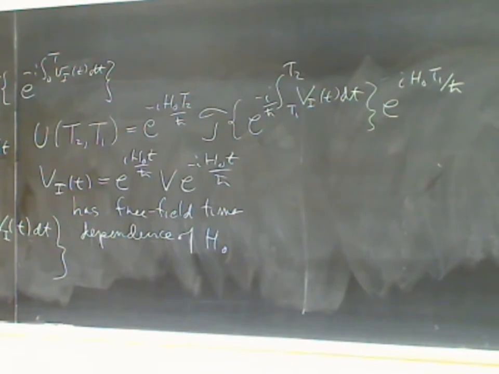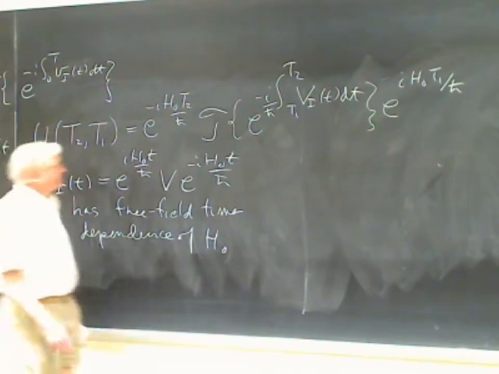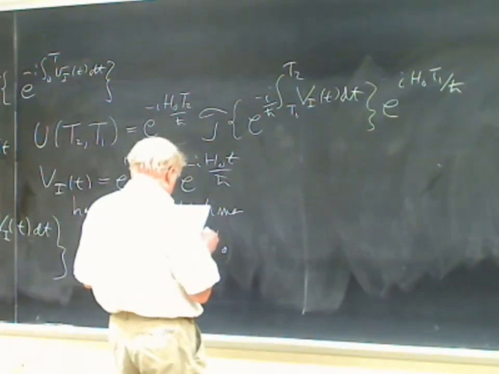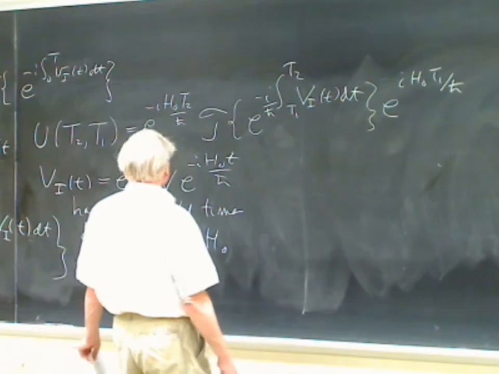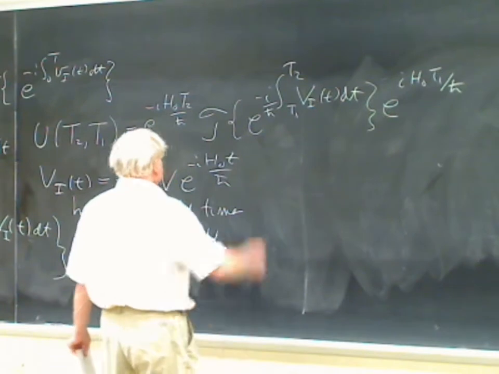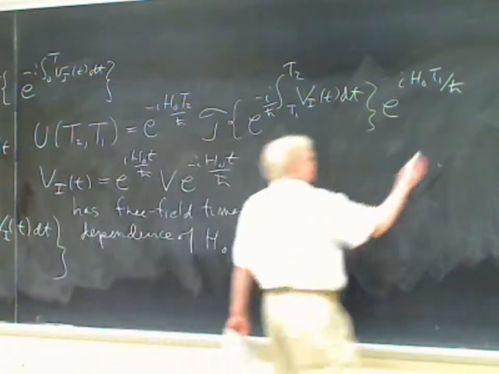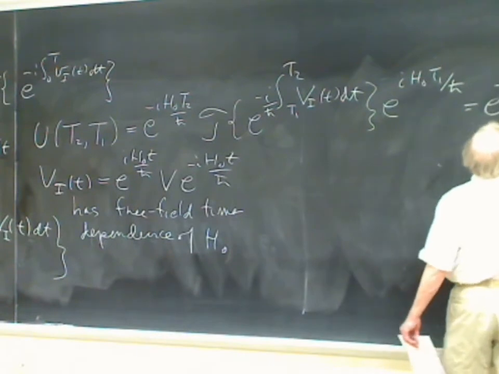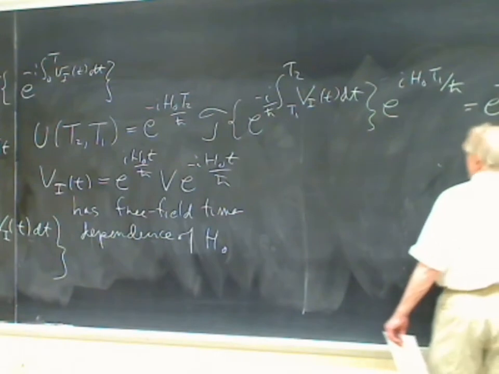Now, the application that one makes of this is essentially to the case where this is the full time evolution operator, e to the minus i (t2 minus t1) times the full Hamiltonian over h bar. Okay.